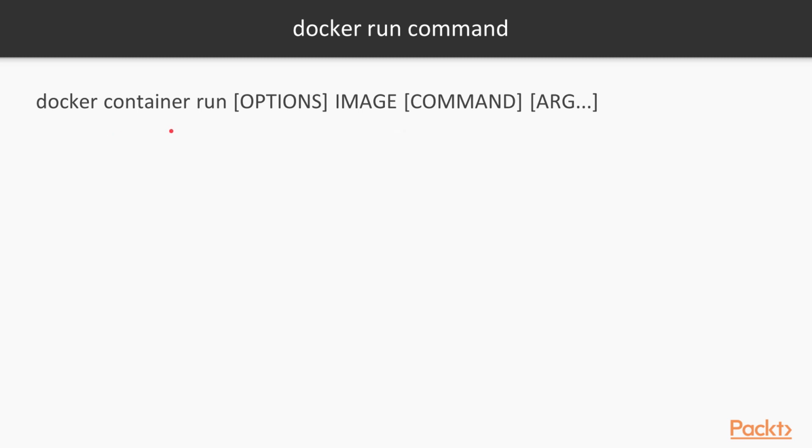So you can run Docker Container Run. In our course, we are going to use the new API, but if you want to, you can use Docker Run. It's just a good thing to be used to the new syntax, because if they remove the old one in the future, you will be ready for that.